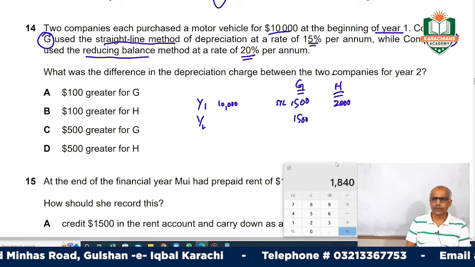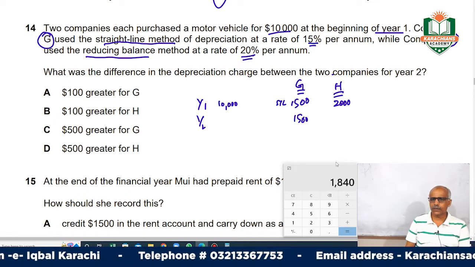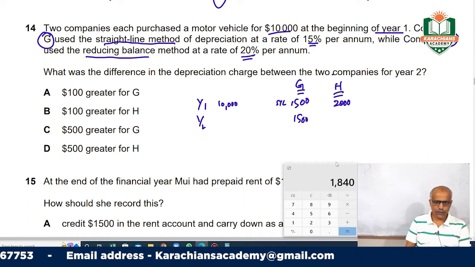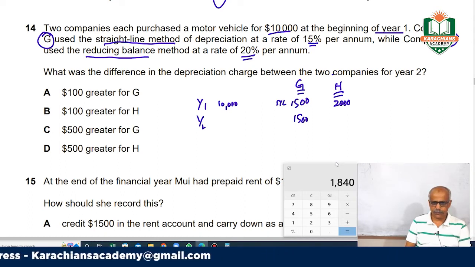When the next year comes, the cost of 10,000 minus 2,000 becomes 8,000.